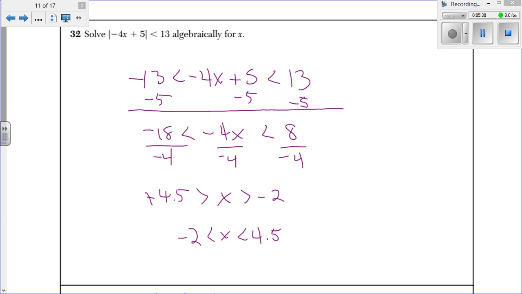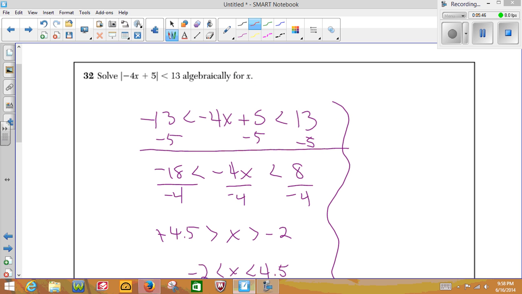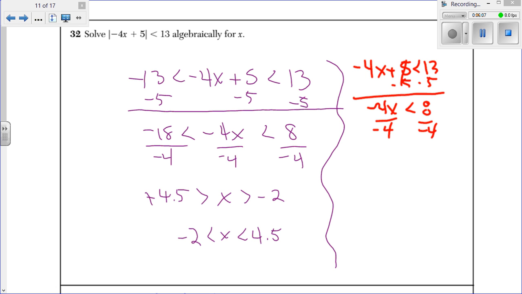The other way to do that, I guess, is to just separate it into two like you do the other ones. So let me just for a minute do that. If I did negative 4x plus 5 is less than 13, I would subtract 5. So negative 4x is less than 8, divided by negative 4. So x is greater than negative 2.